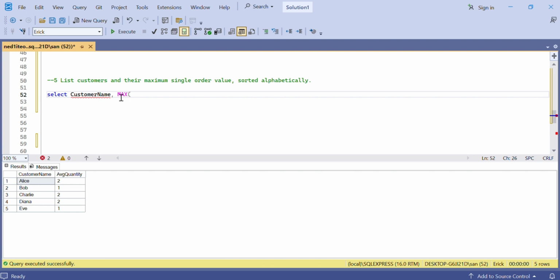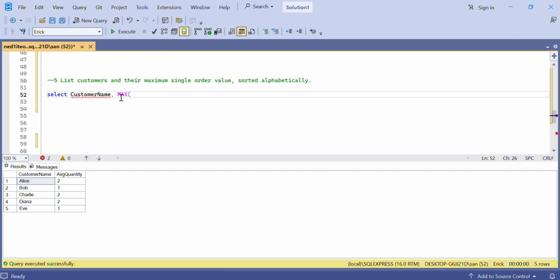So we are finding the maximum value from the order amount of the customer.